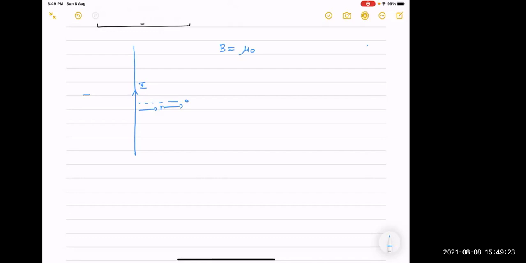Mu naught by 4 pi, I by r? No, that is the Biot-Savart law. Sorry. We used the Biot-Savart law, integrated, to find the magnetic field at this point from an infinite wire.